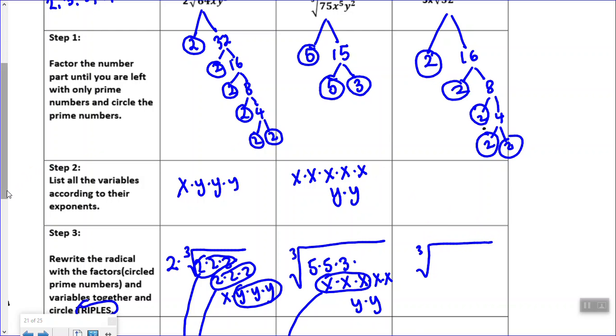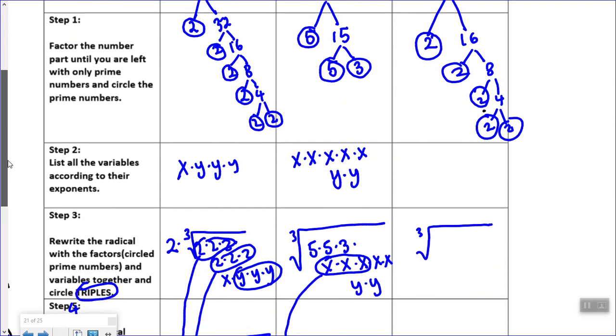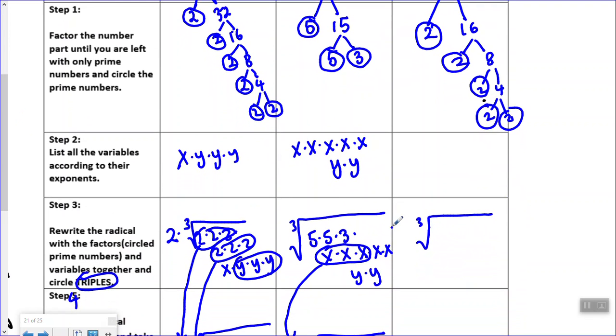So before the cube root, we have a 3x. Before we put everything inside the radical symbol, I'm going to write 3x. And there you have 2 times 2 times 2 times 2 times 2. And I'm going to circle the triple.